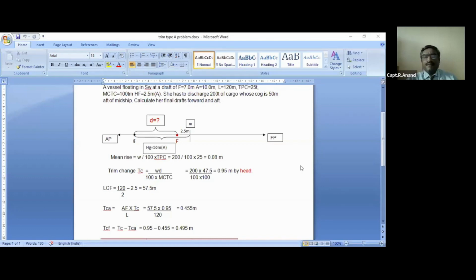No, let's see this example. This example itself, what I've taken now, forward draft is 7 meters, aft draft is 10 meters. Is it not? So the vessel is not at even keel. Now this even keel, I've only taken it for the purpose of explaining the concept. But that is why I'm using this word trim change. It means the change which is going to happen from the present condition. Are you able to understand?